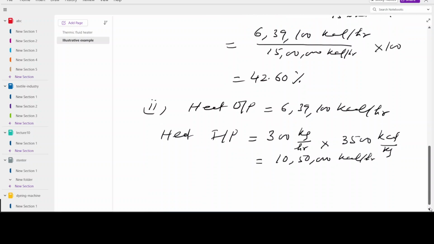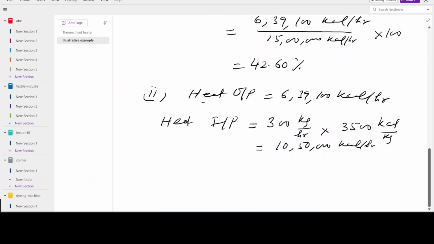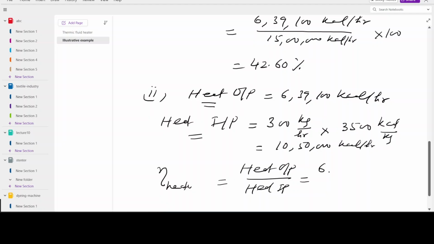So we have both heat output and heat input. Efficiency of the heater is equal to heat output by heat input. This will come out to be 6,39,100 divided by 10,50,000.